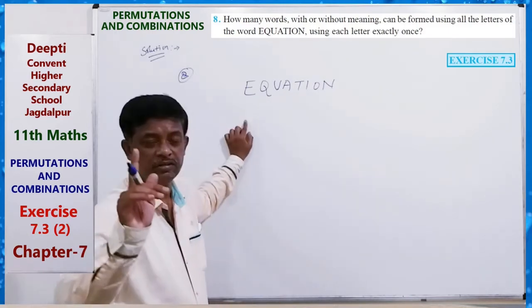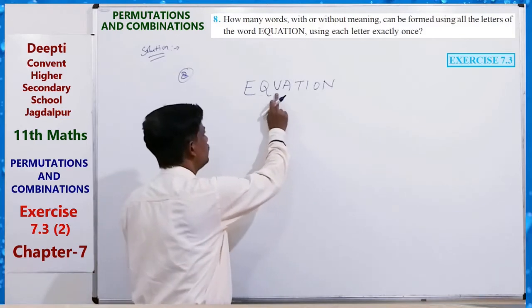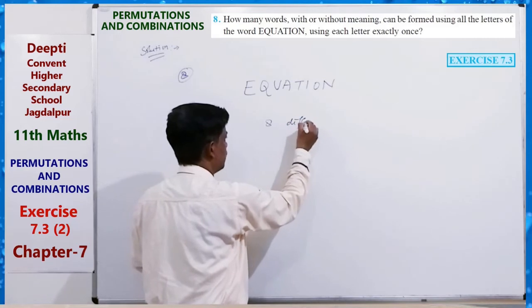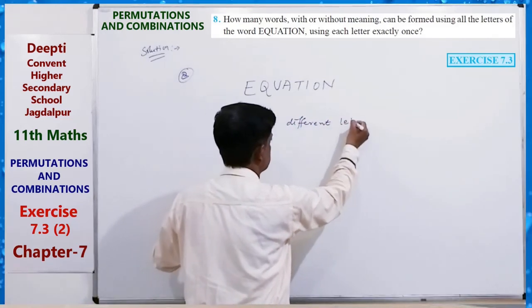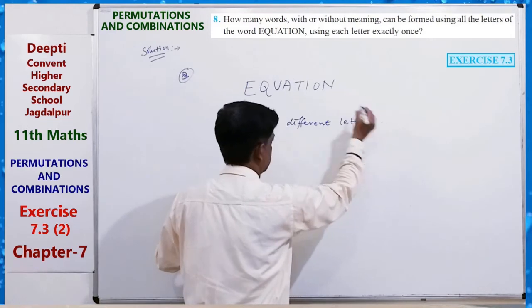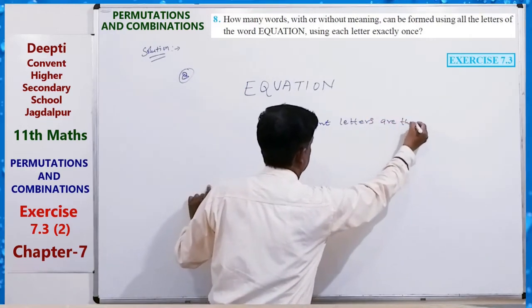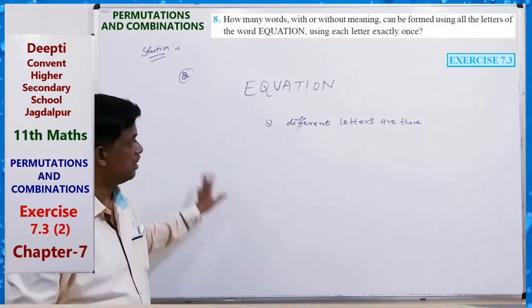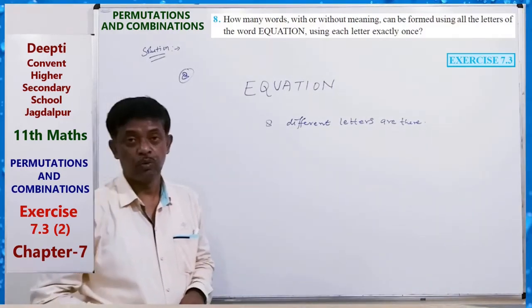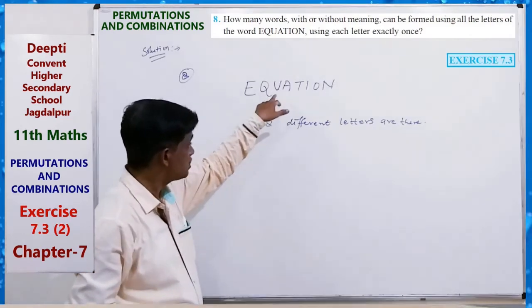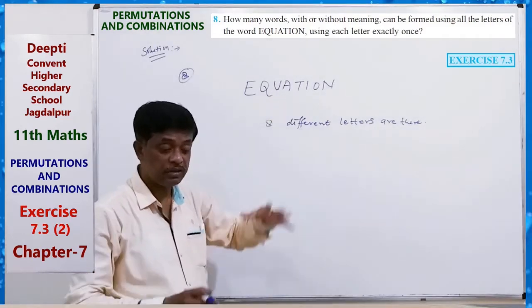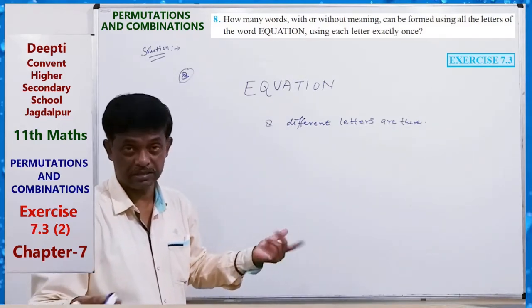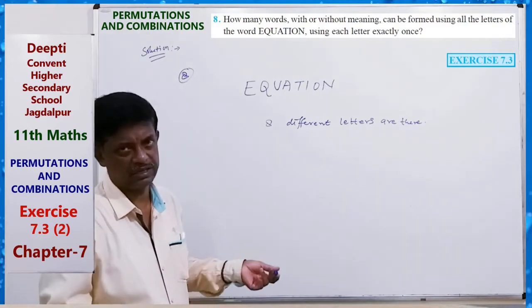How many letters are there? 1, 2, 3, 4, 5, 6, 7, 8. 8 different letters are there. Just you have to write the answer in detail. By using the letters of this word, how many words can be made, meaningful or meaningless?